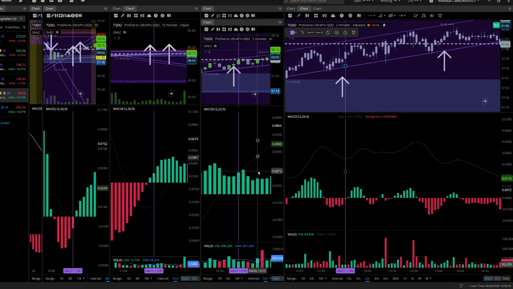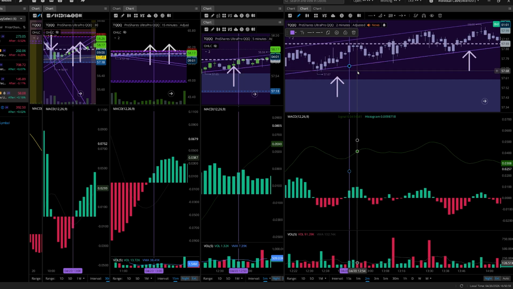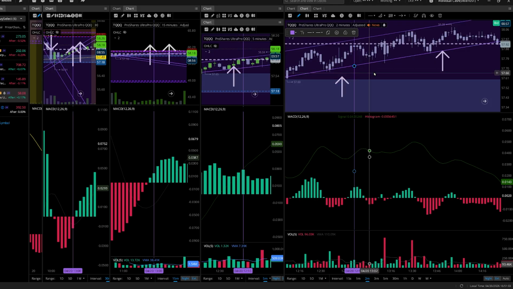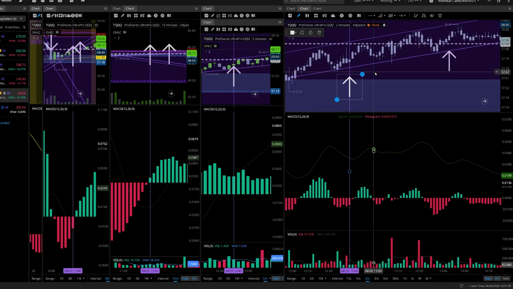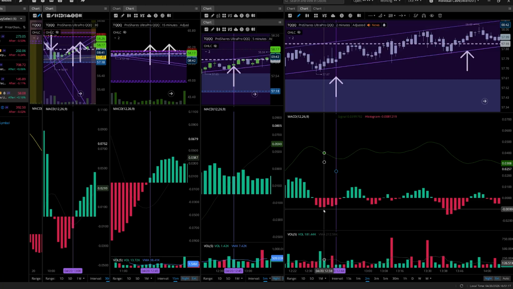And then here it starts to actually tick up. By the time it actually concludes, if you would have entered there, it actually would have been a loss, and that happens from time to time. But nonetheless, the first entry is always the best entry, right? That's how we normally play it, and that was this one right here. Got a volume confluence, right side of the momentum, going up.